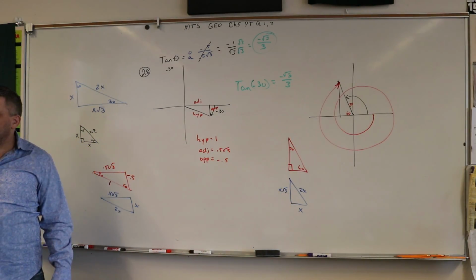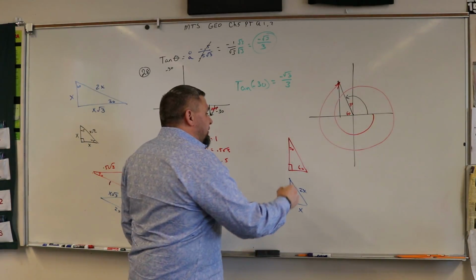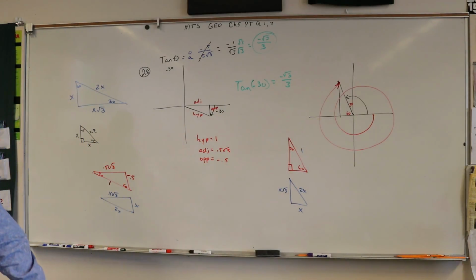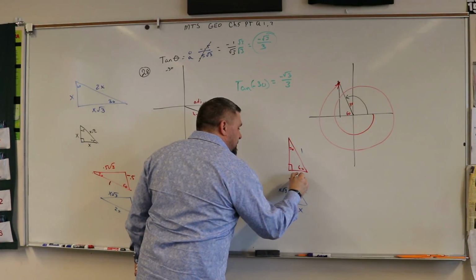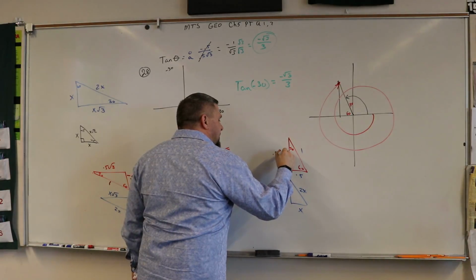Okay? And now I know that if this is 1, which it always is in a unit circle, right? Then this side has to be 0.5, and this side has to be 0.5 square root 3.